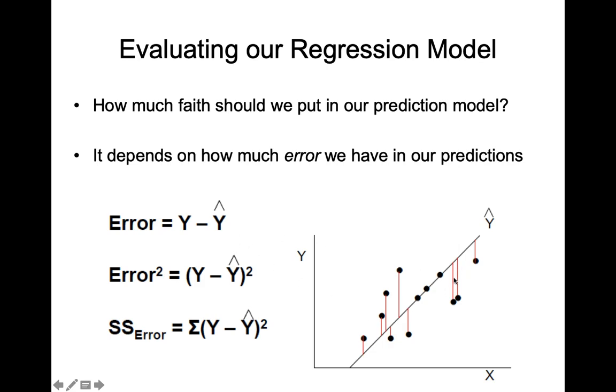So if we were only going to try to evaluate our model by saying, well, let's just sum up all of our errors, and we'll capture errors by our actual data point minus the line. What you can see is that sometimes we underpredict and sometimes we overpredict. Okay, here's a good example of underpredicting for this particular data point.